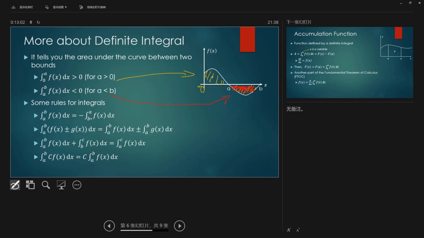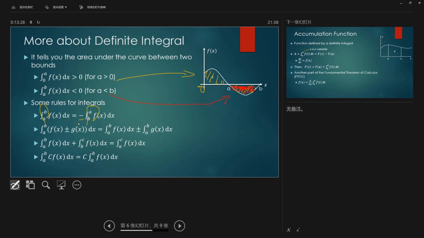Okay, so there are some rules for integrals that you might want to remember. The integral from a to b of f(x) dx is equal to the negative of the integral from b to a of f(x) dx. Okay, you just invert the upper and lower limits and add a negative sign before.